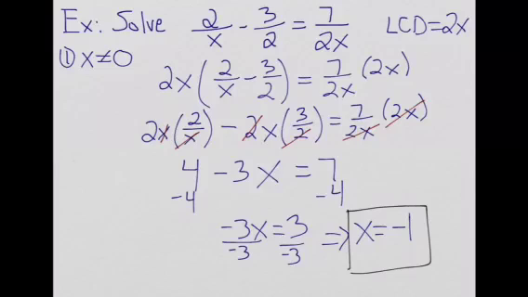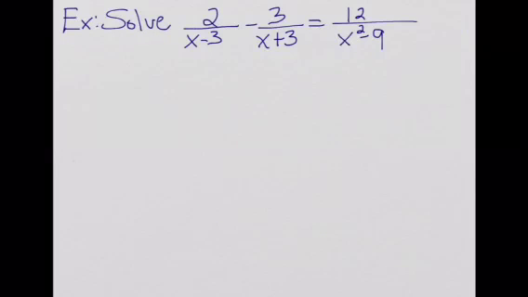Alright, so let's try another one. Here we're asked to solve 2 over x minus 3, minus 3 over x plus 3, equals 12 over x squared minus 9. So again, we really need to find the domain. Step 1 is to figure out what x can't be. If I plug in 3 in the first one, that would give me a 0.